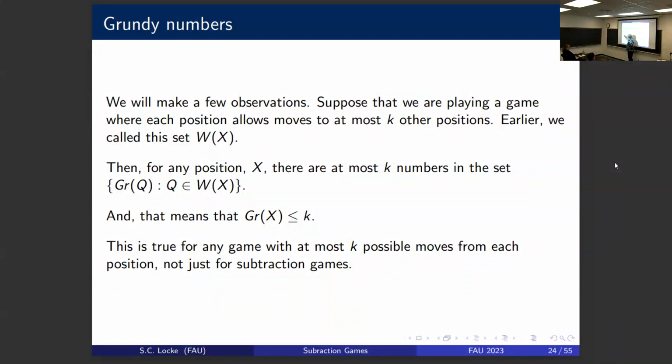Well, if there are at most k in that set, I can't have used the integer 0 and 1 and 2 and 3 all the way up to k. There are k plus 1 integers there. I can't have used them all. So one of those has to be available to be the minimum excluded. And my Grundy number then has to be at most k. So anytime I have at most k positions that I can get to from X, the Grundy number of X has to be at most k.